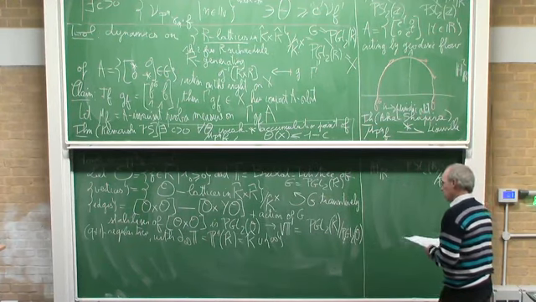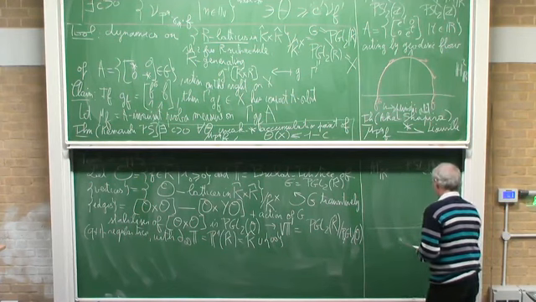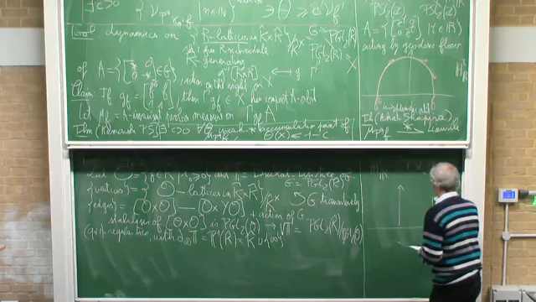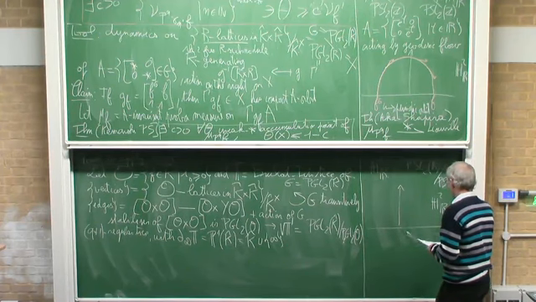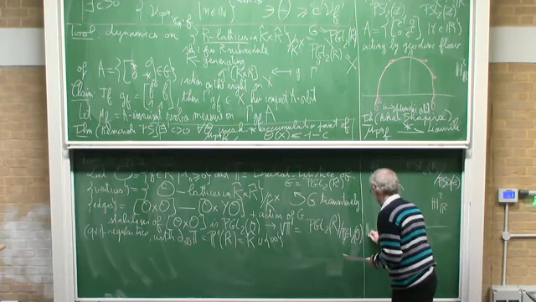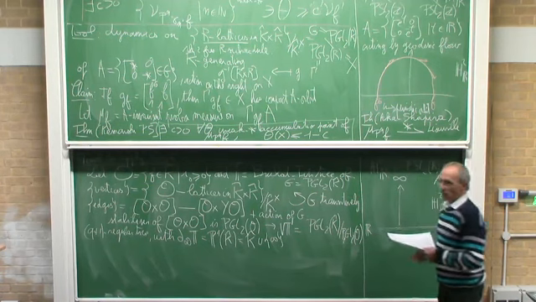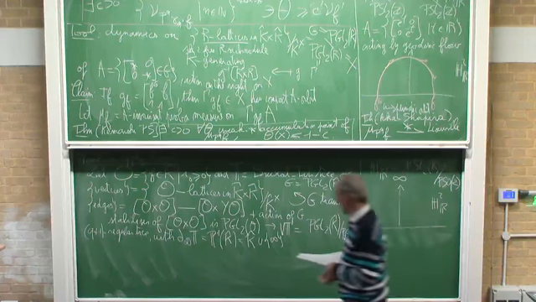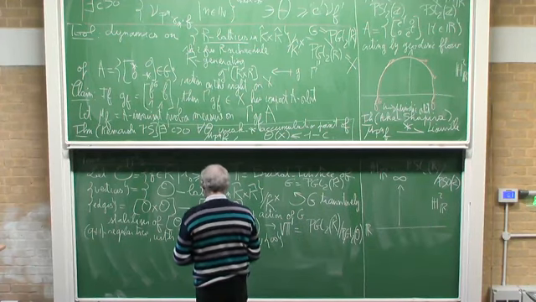The analogy: for the hyperbolic plane H, at infinity you have R and one point at infinity. In the tree, it's going to be the same.